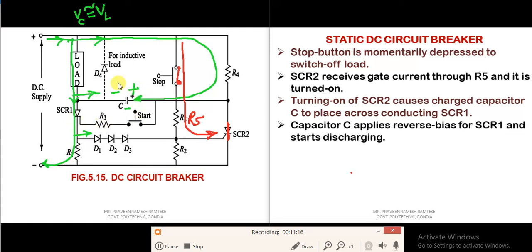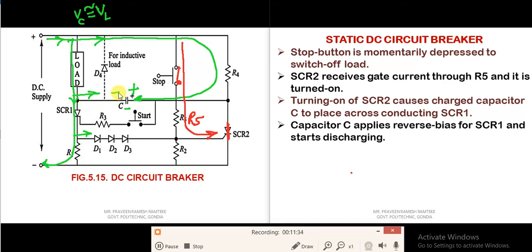Once the capacitor is fully charged to the load voltage, the right hand side plate will be positive and the left hand plate will be negative. The left hand plate, the negative plate, is now connected to the anode of SCR1.